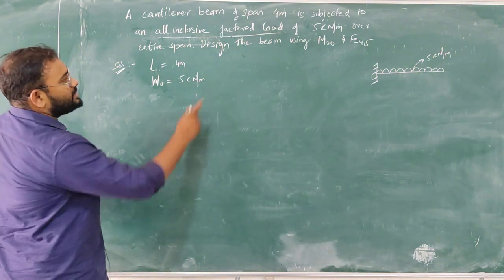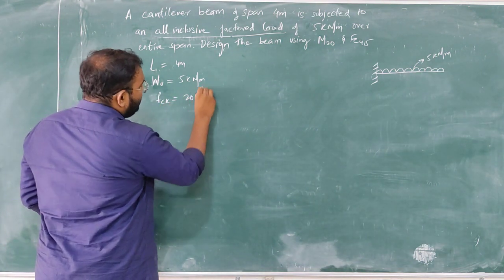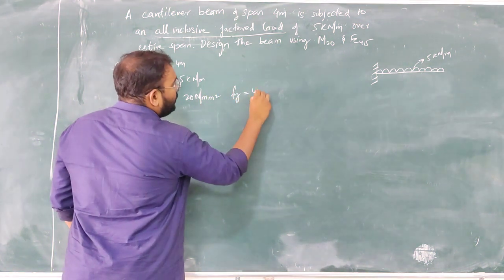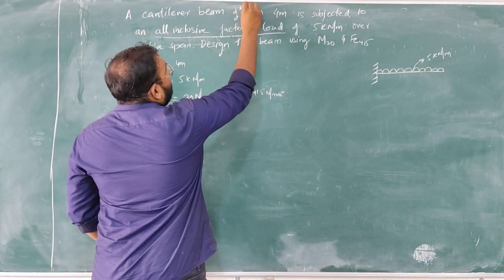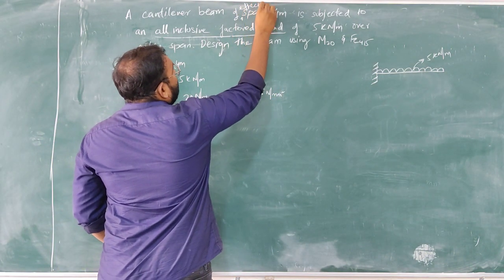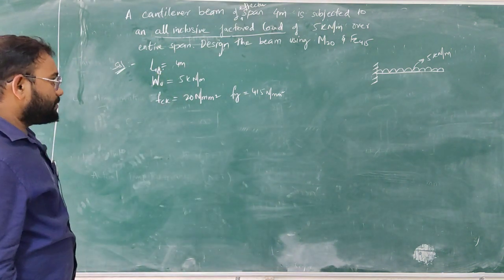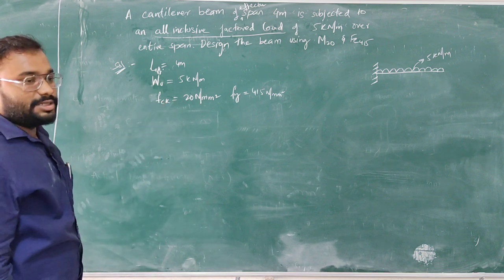Now next step, you are given fck, which is 20 Newton per millimeter square. Next you are given fy, which is 415 Newton per millimeter square. You consider this as effective span, let this be L effective. Now you are not given anything about dimensions.